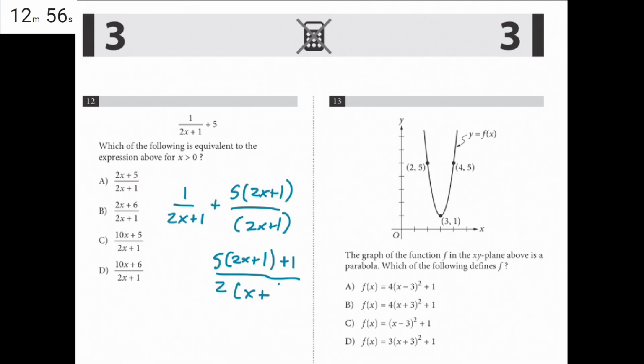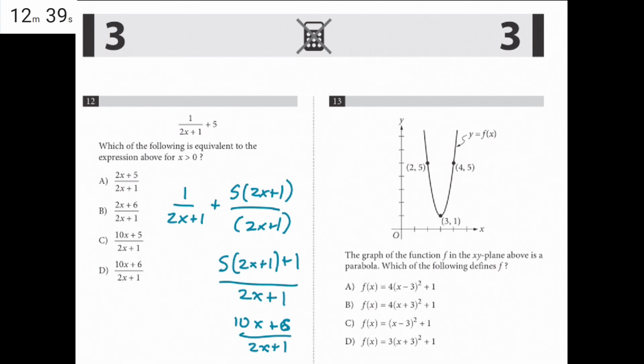What am I doing? I'm writing horribly. 5 times 2x plus 1 all over 2x plus 1, which would be 10x plus 5 plus 1, which would be 10x plus 6 over 2x plus 1, which would be D.